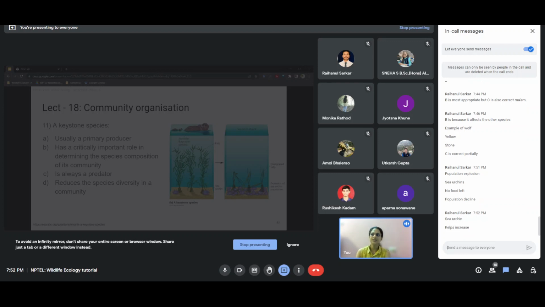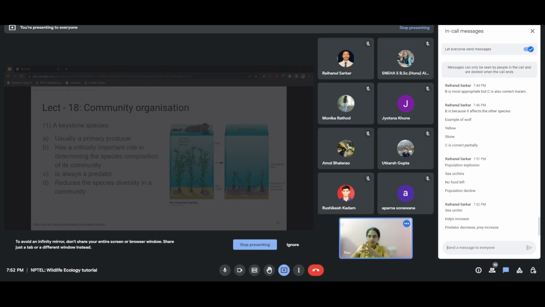So what is this actually showing you? This interaction? You're completely on the right track. Anybody else? Any guesses as to what this interaction between the kelp and the sea urchin is? So you can see there is a pattern, right? Predator decrease, prey increase. Correct.